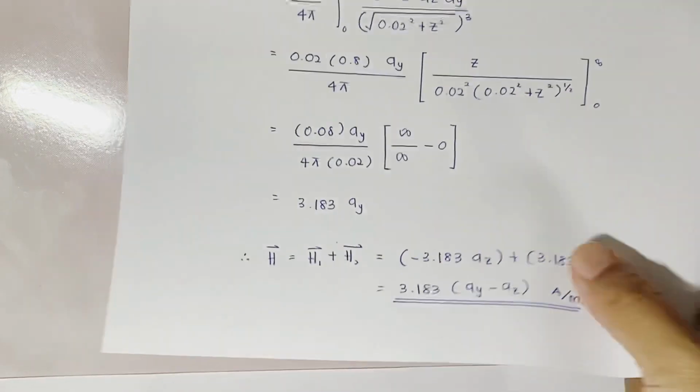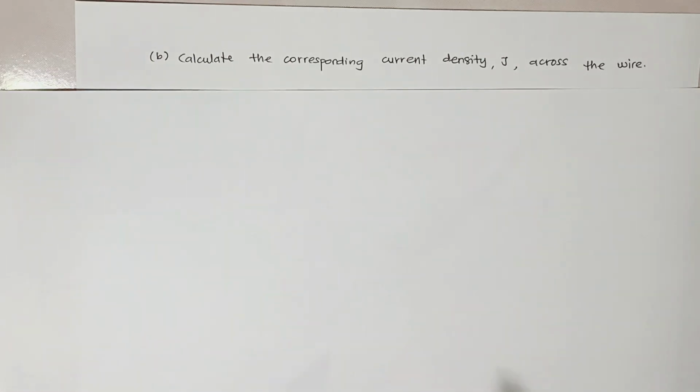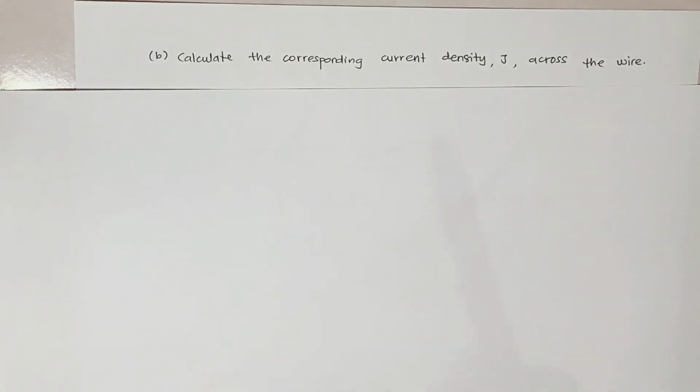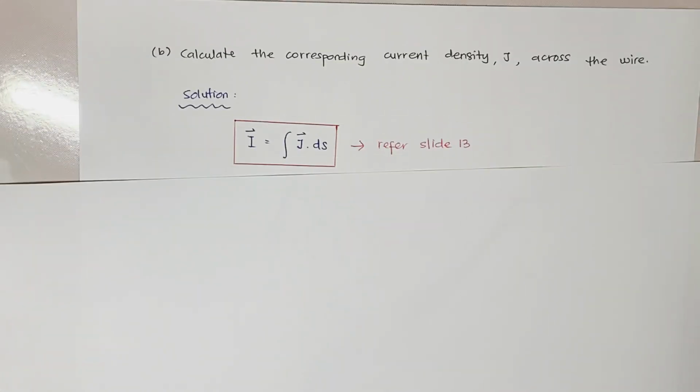Now we proceed to question 6B. This question asks you to calculate the corresponding current density J across the wire. You need to refer to slide 13 on how to find the current density.